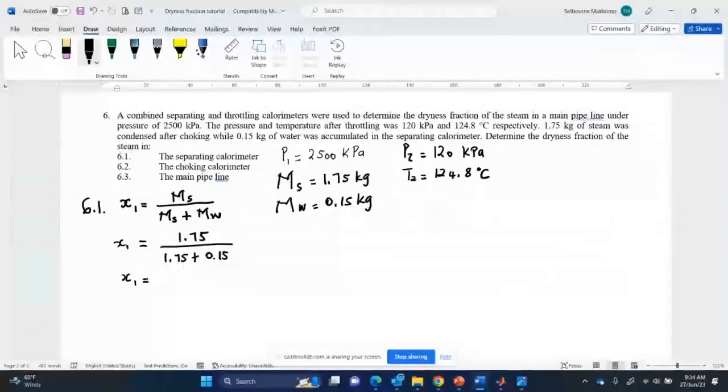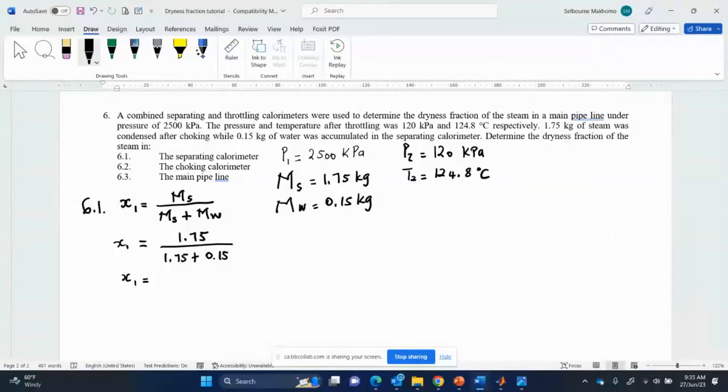I did some calculations somewhere to save time. I don't know where I put the calculations, but I can quickly do it. 1.75 divided by 1.75 plus 0.15, which is 0.921.